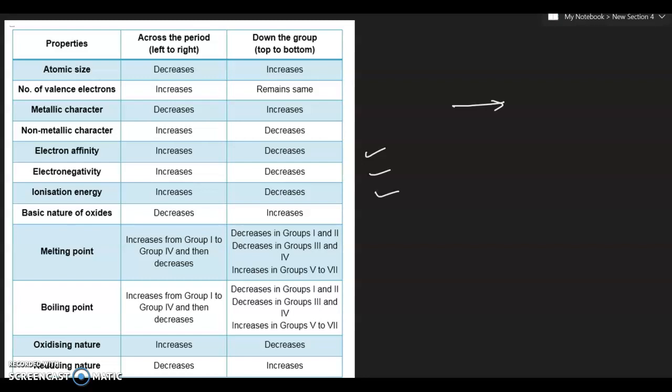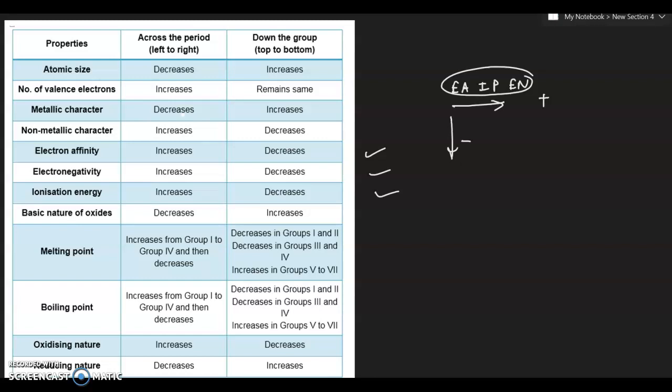Electron affinity, ionization potential, and electronegativity, these 3 periodic properties increase across the period and decrease along the group.